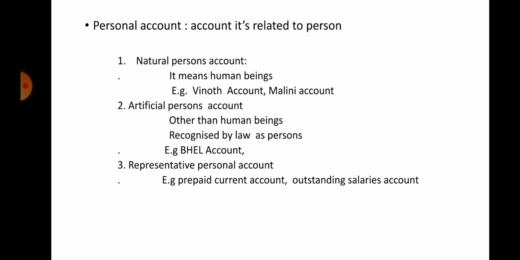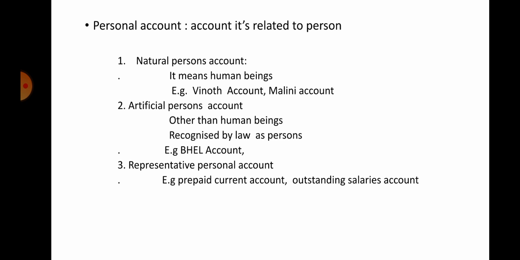The third one is representative personal account. Representative means, for example, in a company there are 100 employees. We have given salary for 90 employees and 10 employees' salary is outstanding. We have not given the salary to the remaining 10 persons. So the amount will be entered in a separate account called outstanding salaries account.